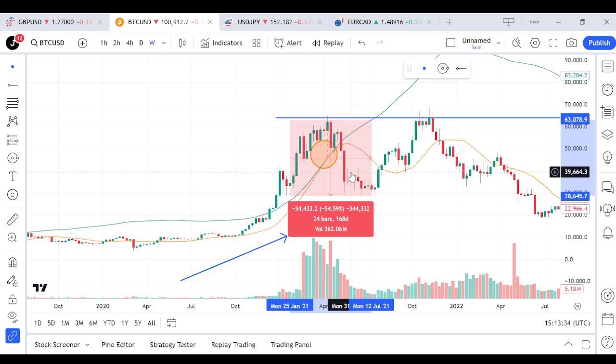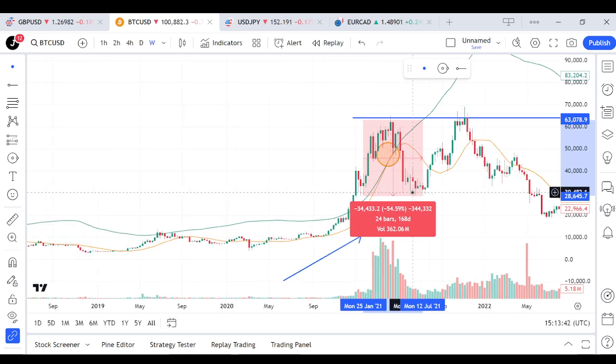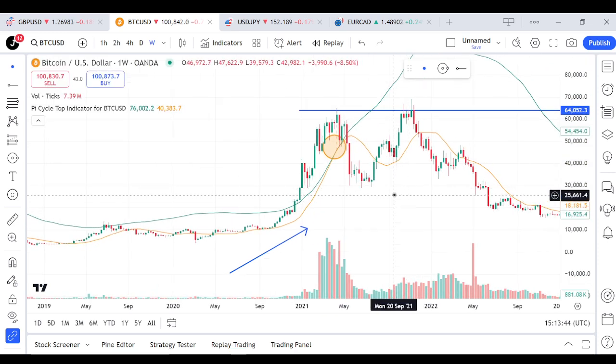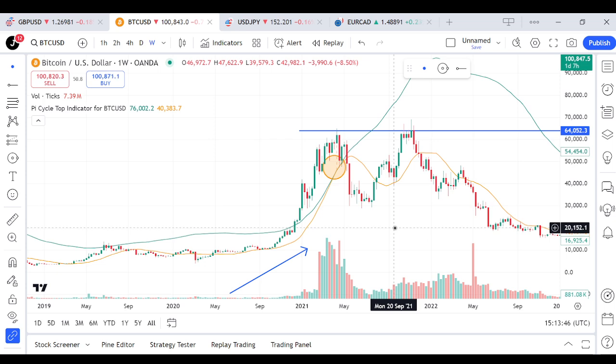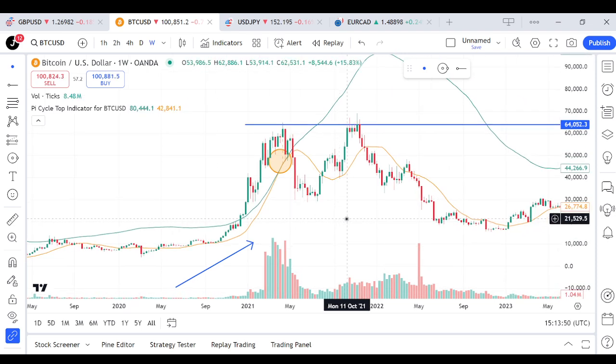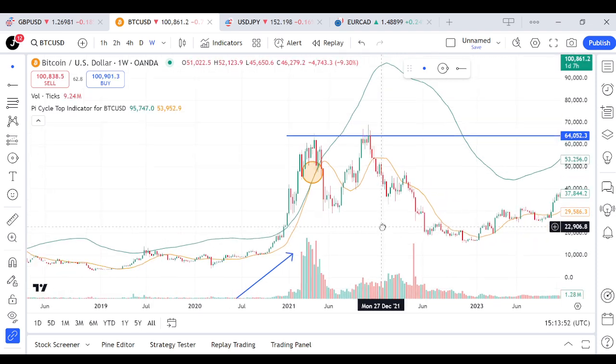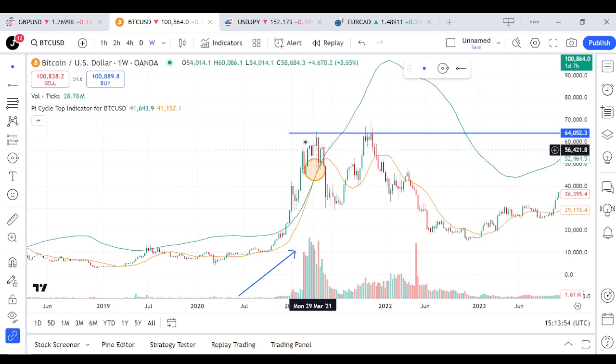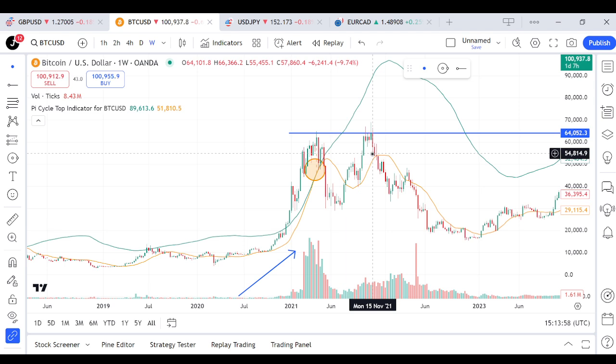The third one is prepare for potential short selling opportunities if other indicators confirm the top. Other indicators like your RSI showing us that we are overbought, or your MACD, or your moving average, or your fundamental analysis and research showing us that this could actually be the top, and we should be looking for short selling opportunities.